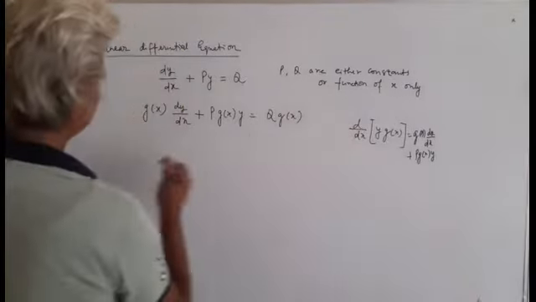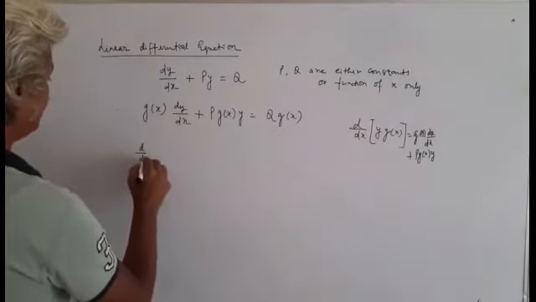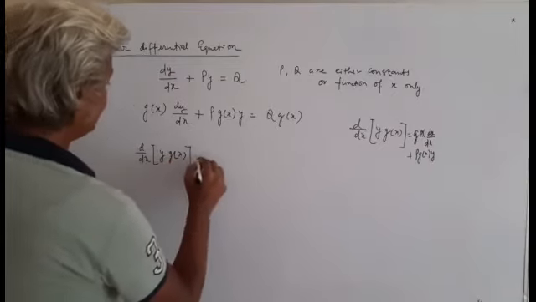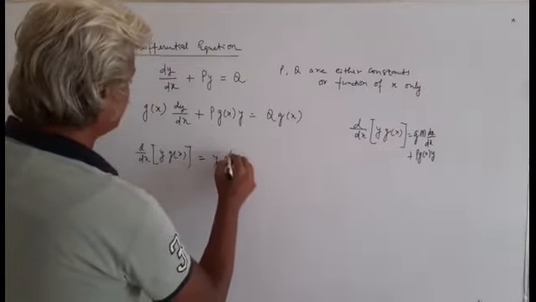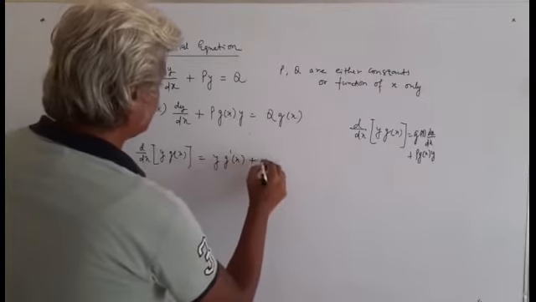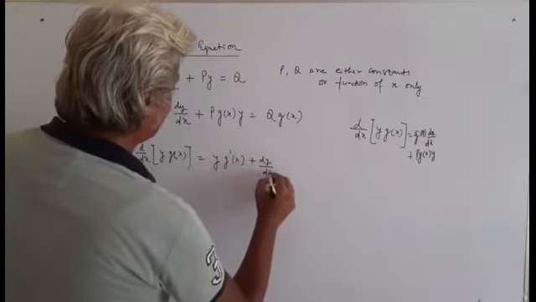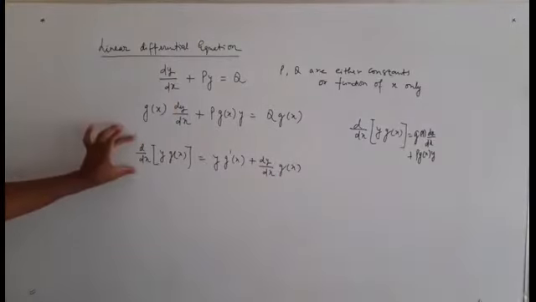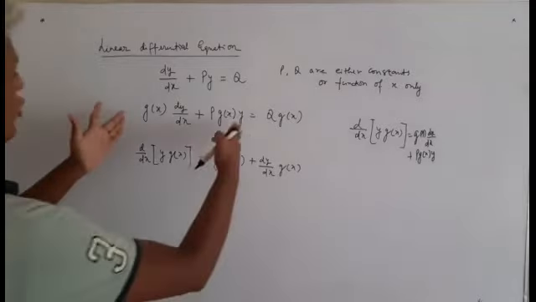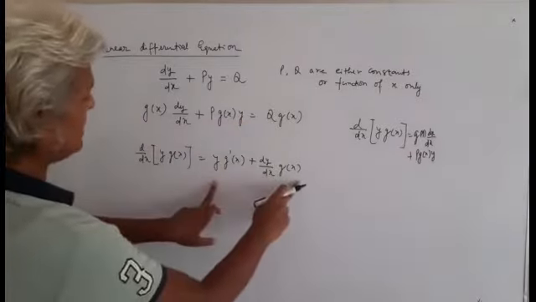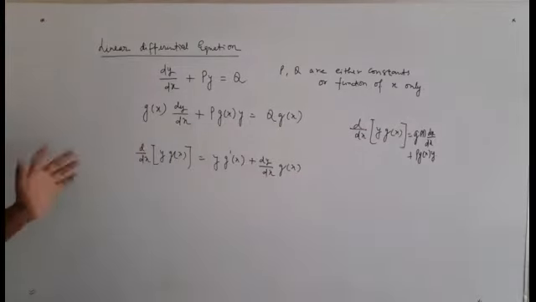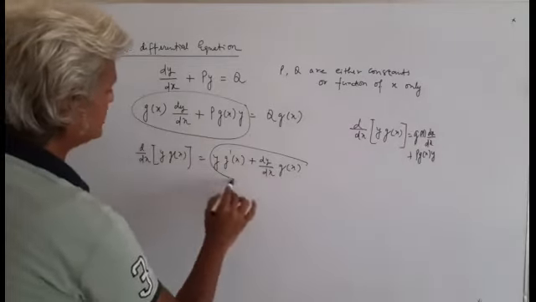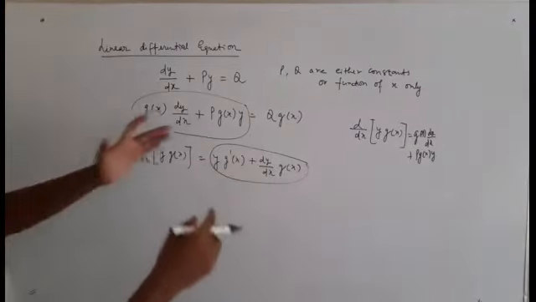First let me find the differentiation of y g(x). Then what you get? Differentiation of y g(x) is y g'(x) + dy/dx g(x), and this should be equal to the whole left-hand term. It means this part should be equal to this part, because this is how g(x) was chosen.